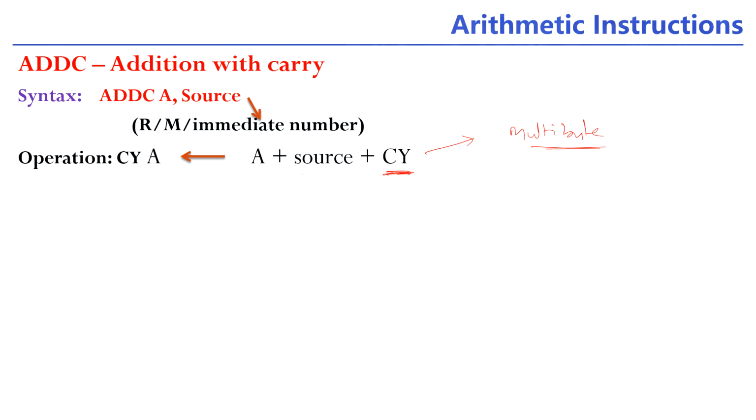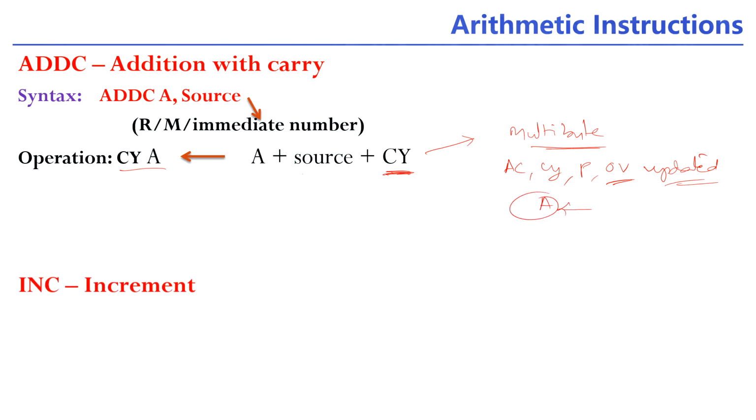The result is here also stored in accumulator and carry. Similarly, after execution of this instruction also, all status flags, carry, auxiliary carry, parity and overflow flag, will be updated based on the result in accumulator.